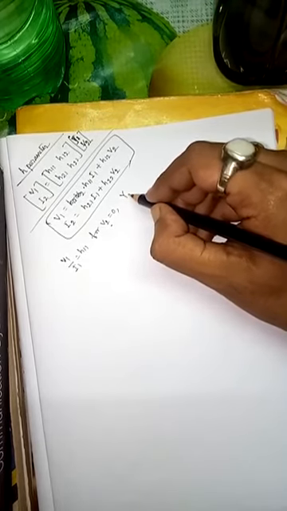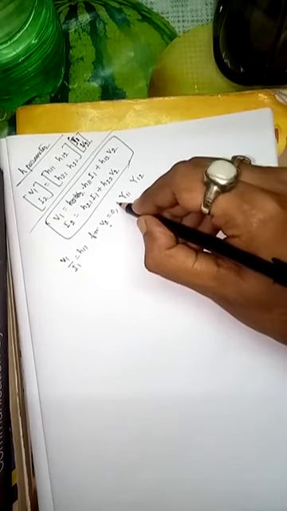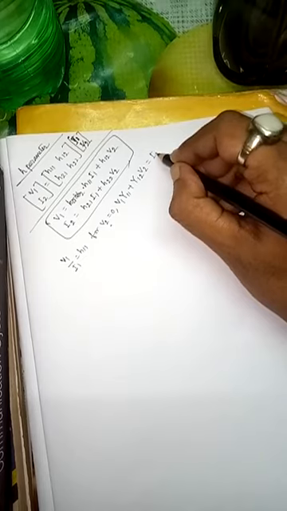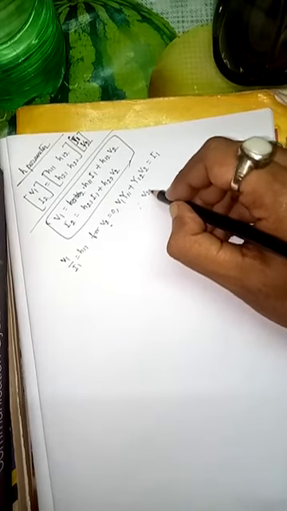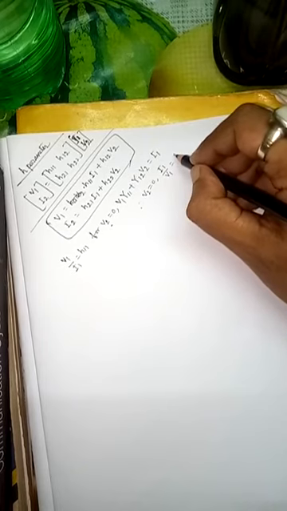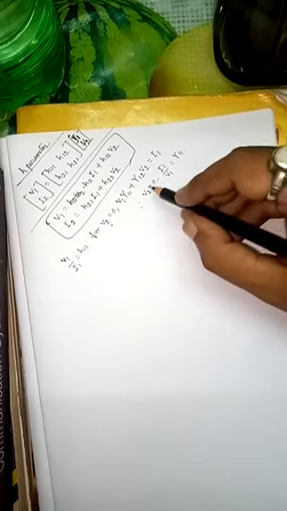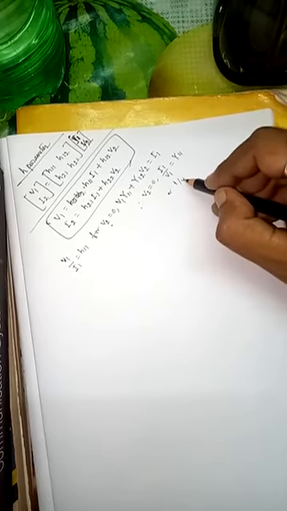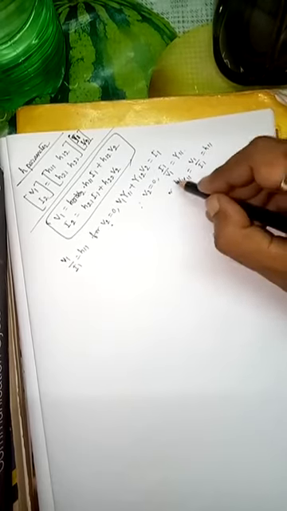That is Y11, Y12, and I1 equals Y11 V1 plus Y12 V2. So when V2 equals 0, I1 by V1 equals Y11, so I can write that 1 by Y11 equals V1 by I1, that is equals to H11. So here it is a relation.